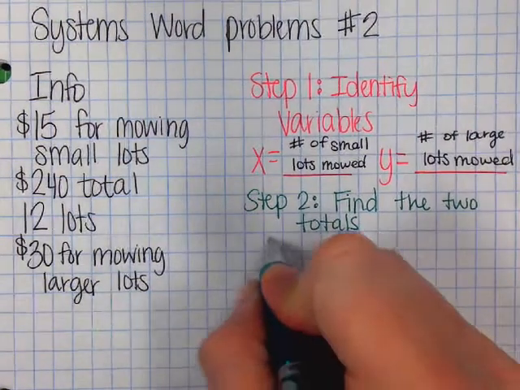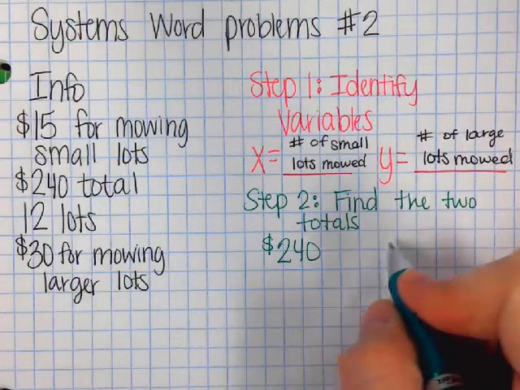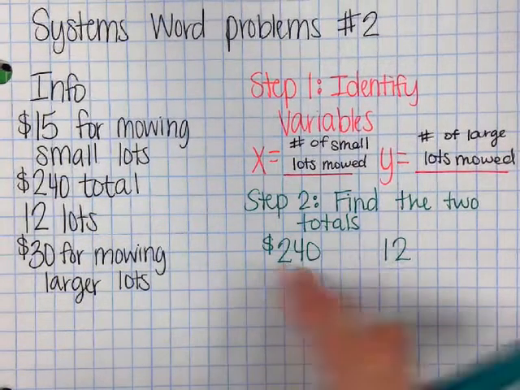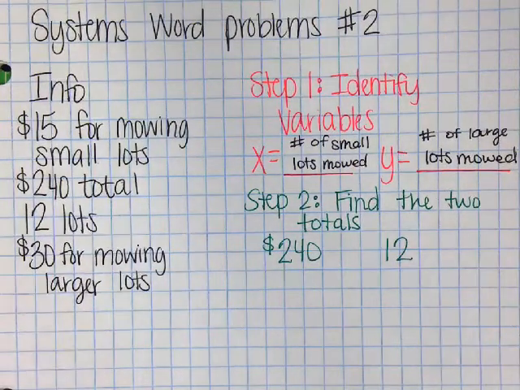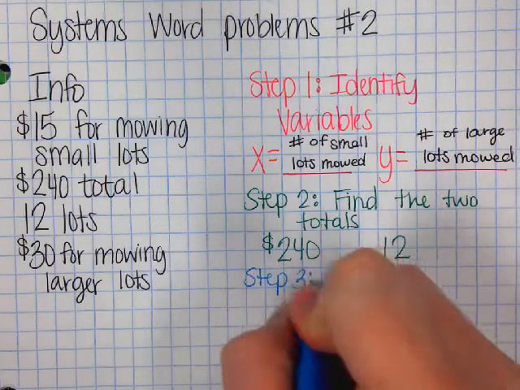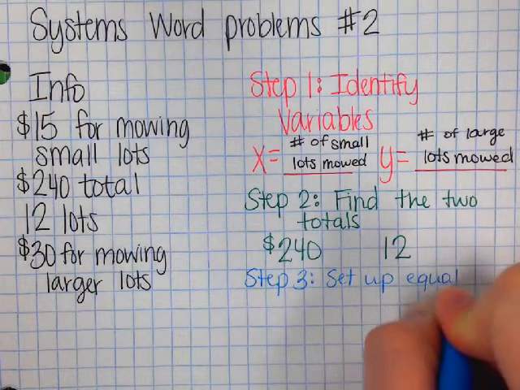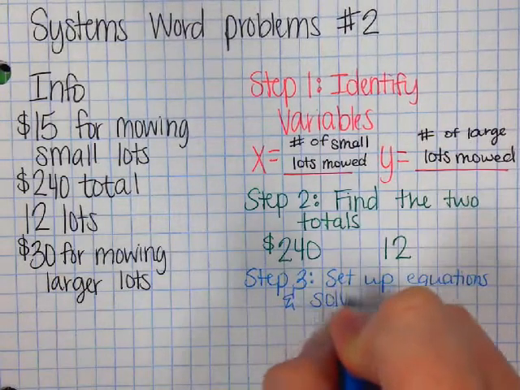So we know that one total is 240, and then we know that there were 12 total lots mowed. So he made 240 and there were 12 lots. Step three, set up equations and solve.